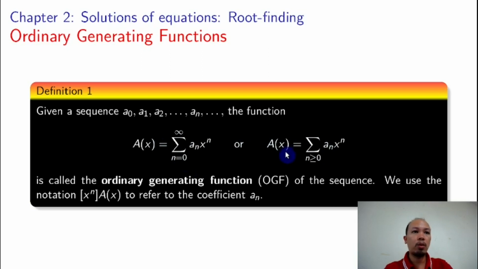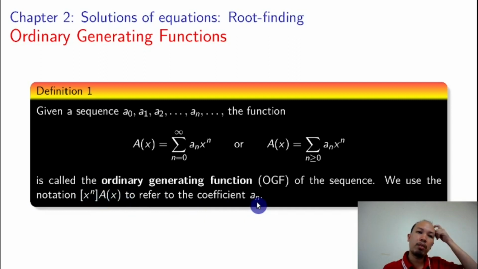This is what we call the ordinary generating function, and we will denote it as OGF of the sequence. And also this notation, bracket x to the n, A of x, refers to the coefficient of a sub n.